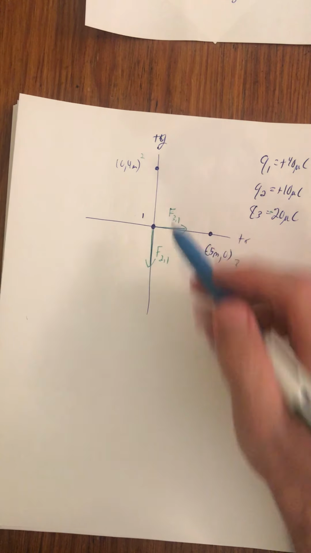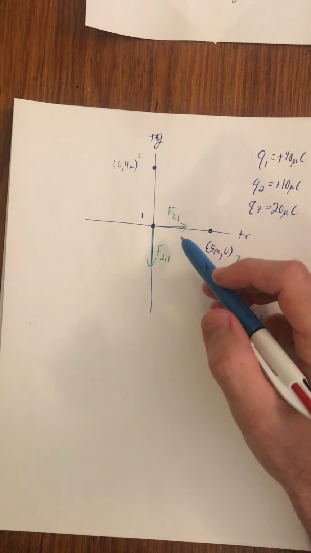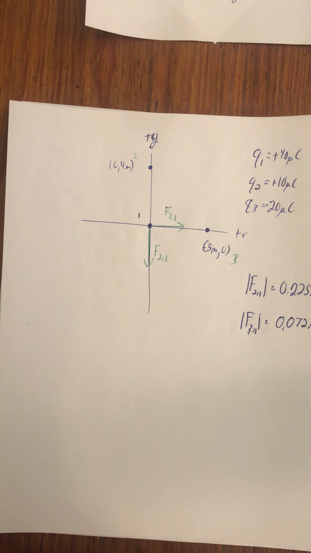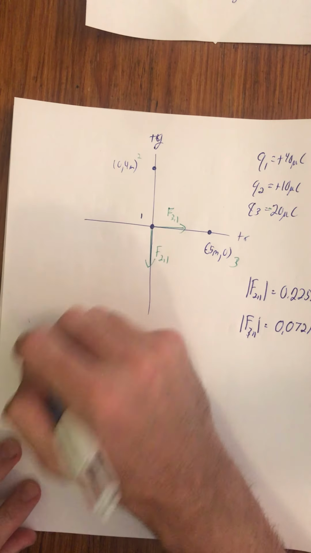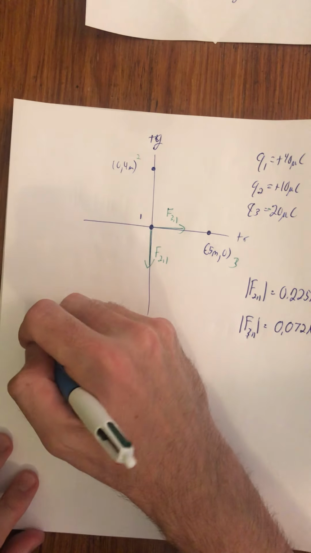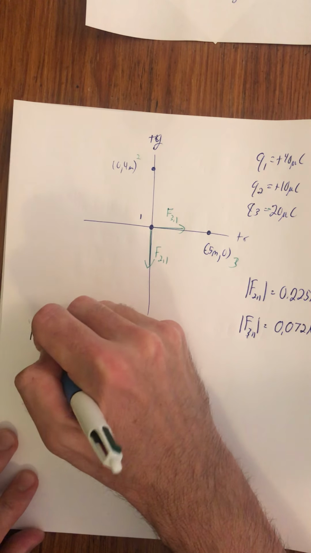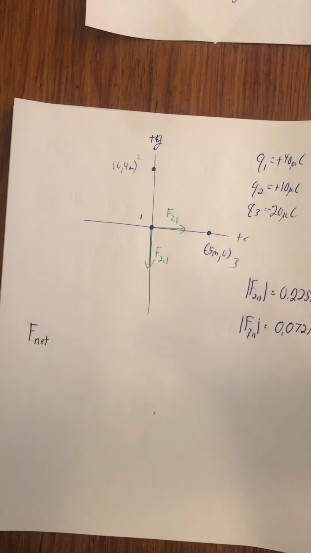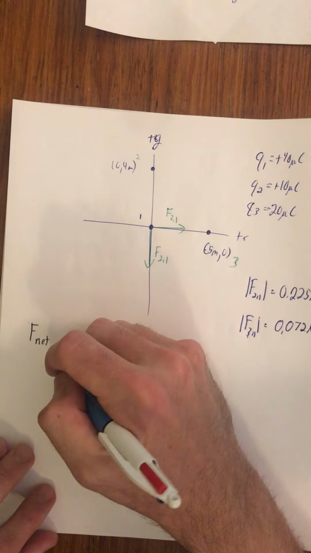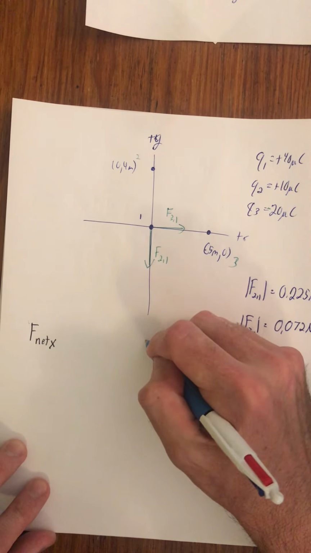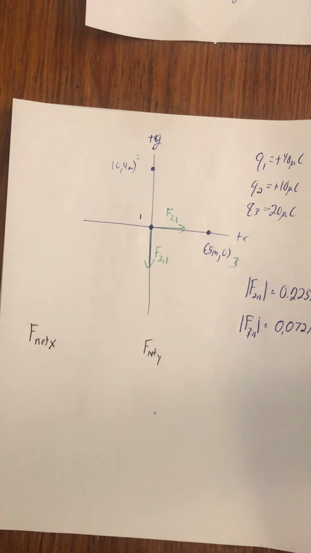I can't add these together like that because they're on different axes. So what do I have to do? Well, when you have forces on different axes, if you remember back to the beginning of the year, we need to find the resultant in the x direction and the resultant in the y direction and then combine them. So what's the net force x and what's the net force y, and then combine them.